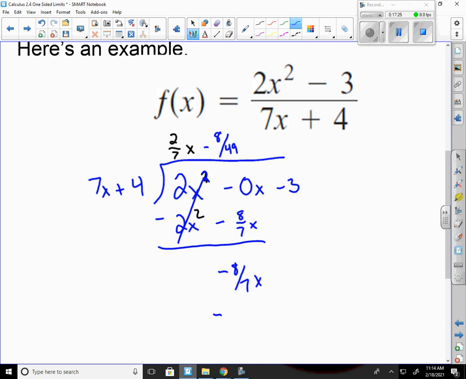Flip my sign, and I bring down my 3. Flip my sign, this becomes plus 8/7 x, and then I multiply this out, 4 times negative 8 over 49. That's going to give me negative 32 over 49, which is awful.